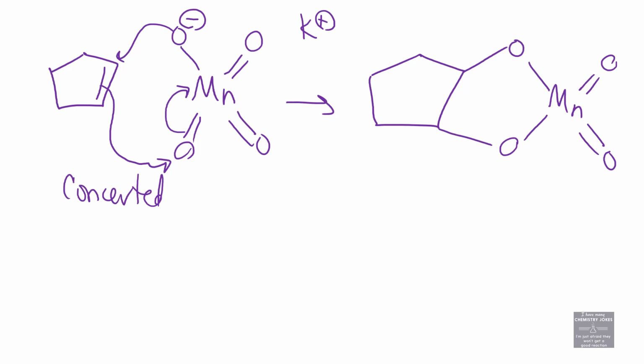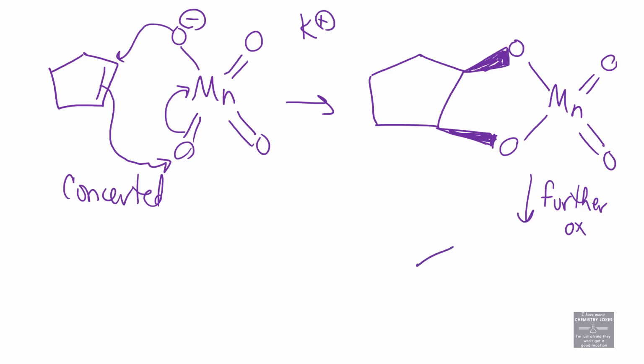What does it mean to be concerted? Happening all at once. And anytime something's happening all at once with an alkene that is trigonal planar, it has to be happening on one face or the other, which is going to lead to certain stereochemistry in your product over there. It's going to lead to syn addition. That's syn with your OHs coming forward, or syn with your OHs going backwards. So you get this cyclic intermediate that goes through further oxidation.